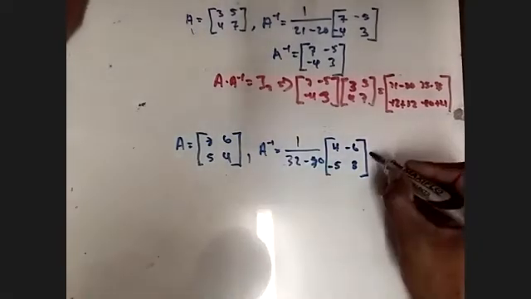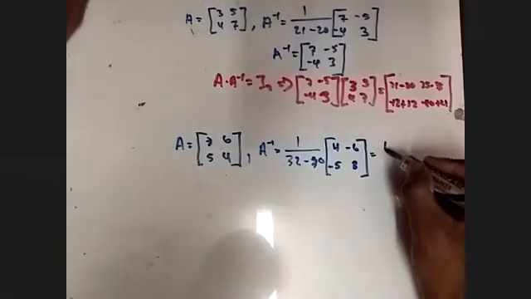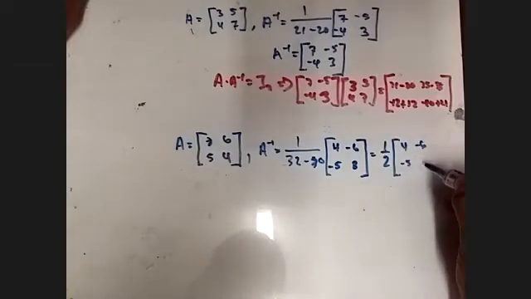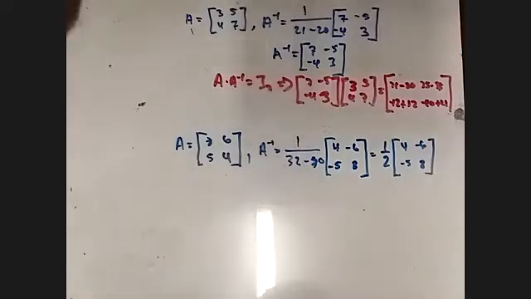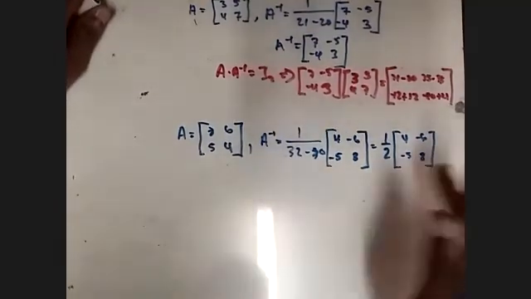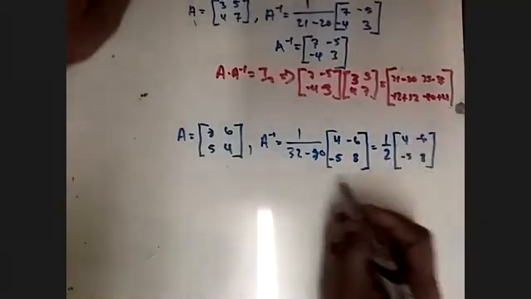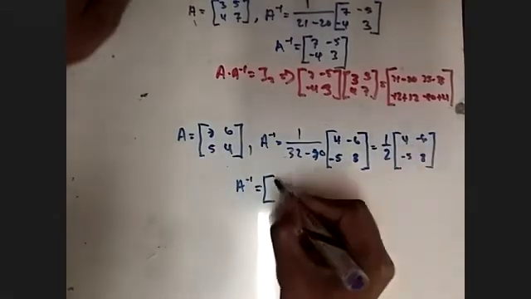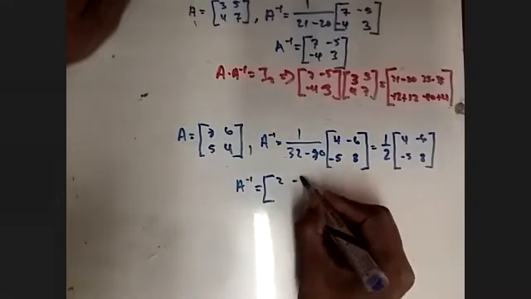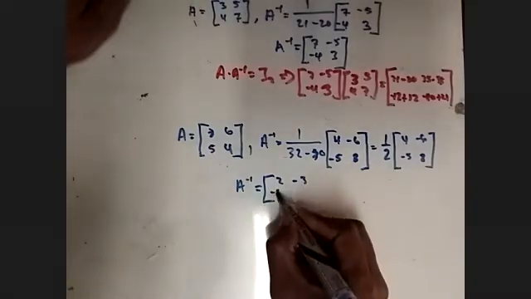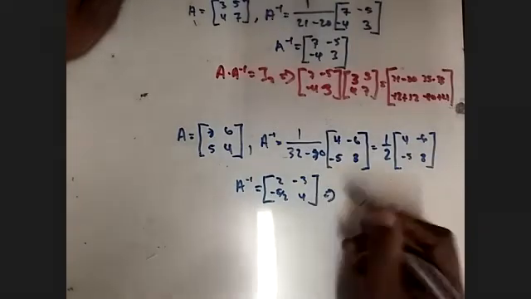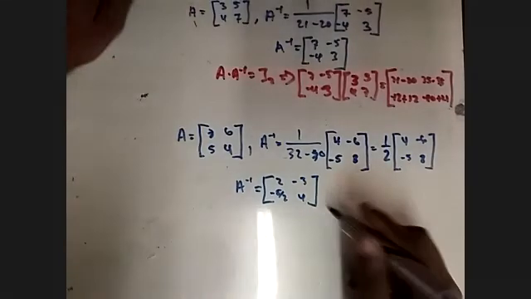So 32 minus 30 is 2, giving 1 over 2 times 4, -6, -5, and 8. We multiply each and every term by half, so A inverse is given by half of 4 is 2, half of -6 is -3, half of -5 is -5 over 2, half of 8 is 4. This is our solution.